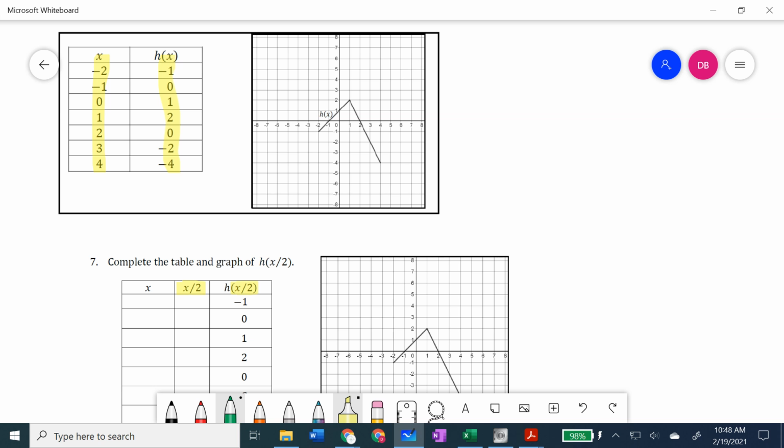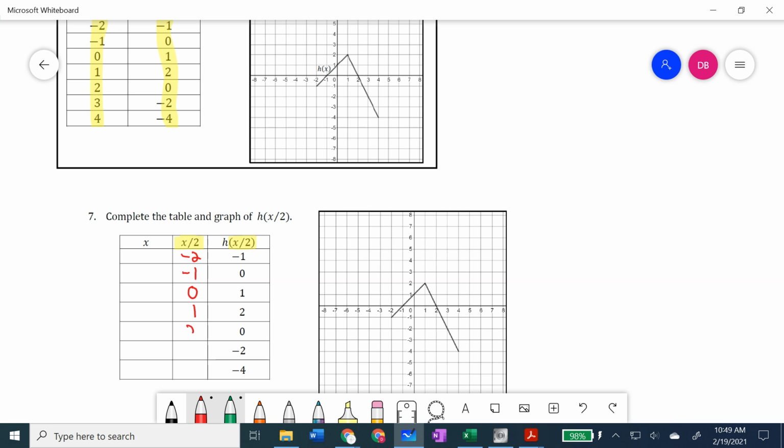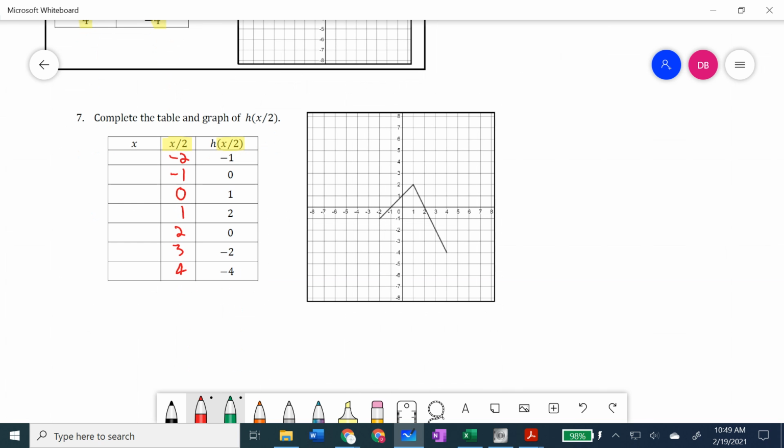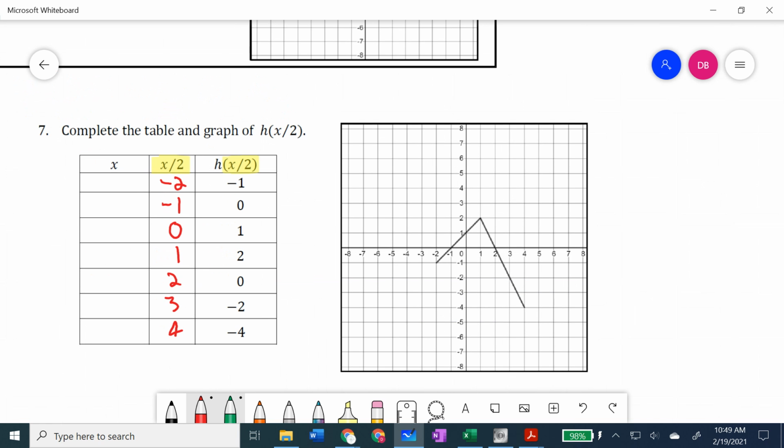So the x over 2 column, in order to match with the h of x over 2, is going to cause me to bring those x values down here. And after bringing those x values down here, I'm going to focus on just this problem. If x over 2 is equal to negative 2, what is x?